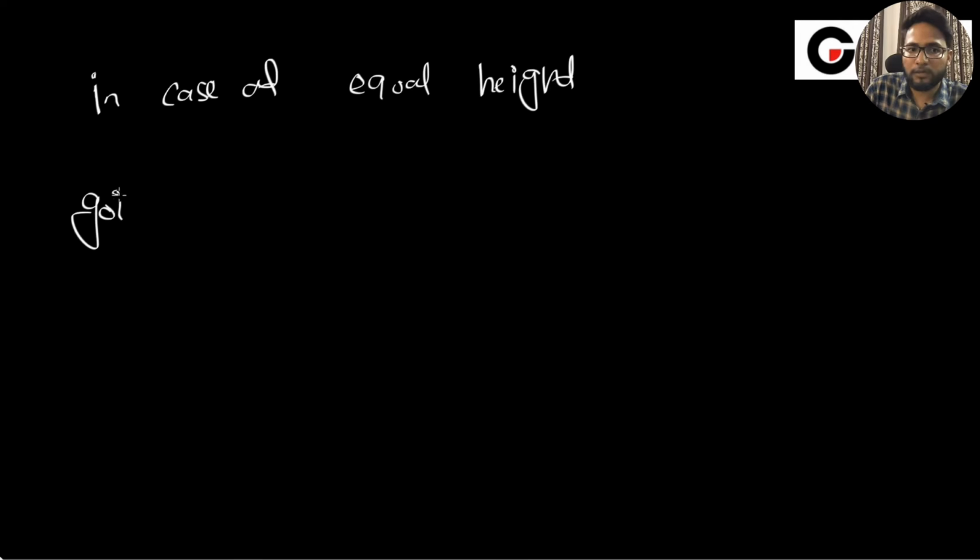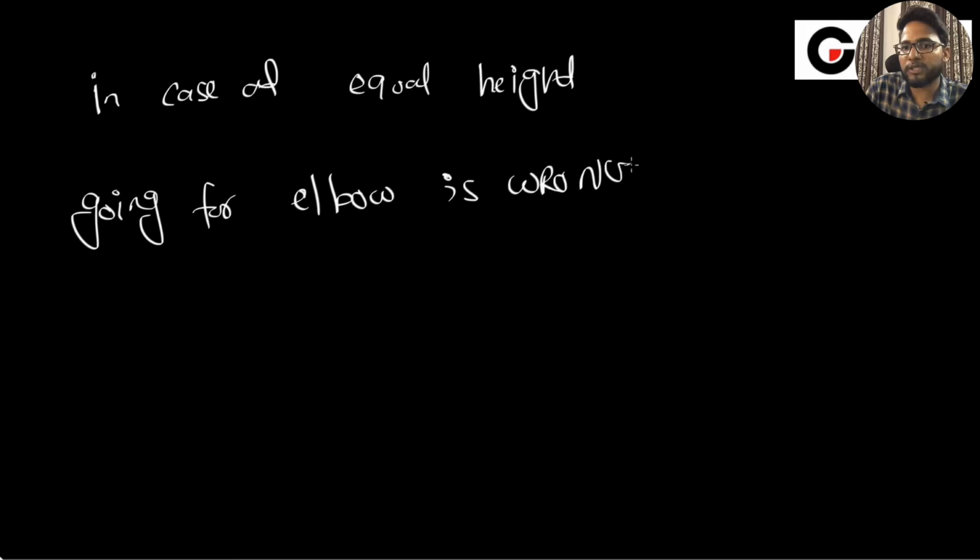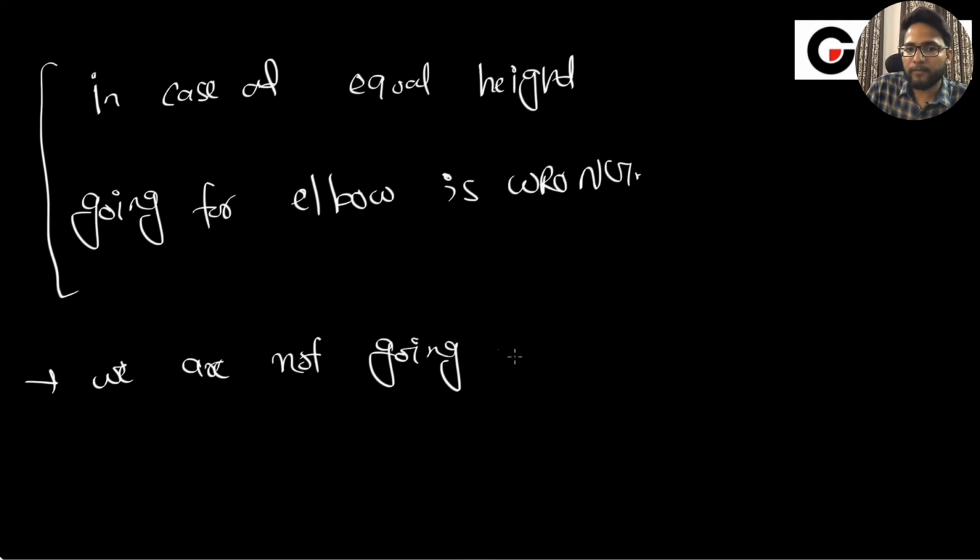So in case of similar height, or equal height, going for elbow is wrong. Basically, I'm not going for stick just for the sake of convenience. It is the only way.